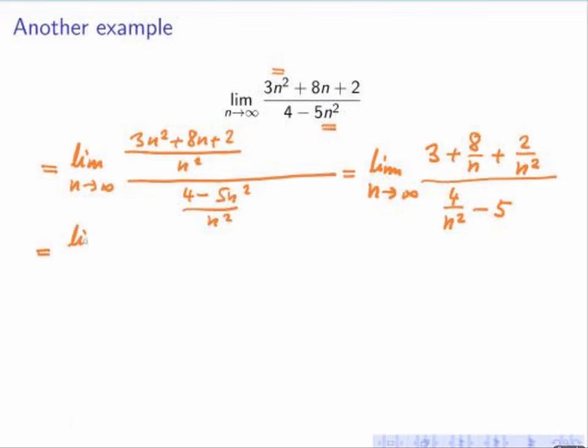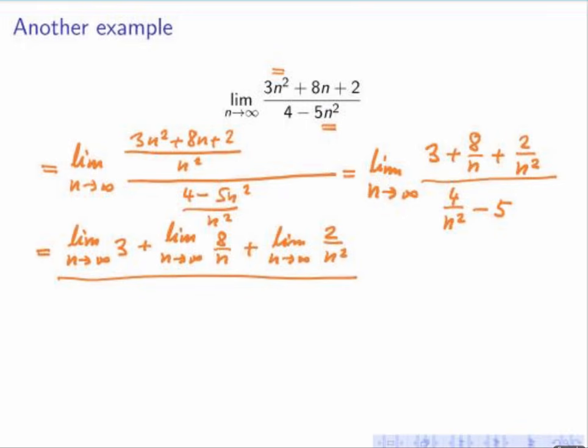So this is the limit as n goes to infinity of 3 plus the limit as n goes to infinity of 8 divided by n plus the limit as n goes to infinity of 2 divided by n squared. I know it gets a little bit boring, but we have to do it properly at least once in our life. So the limit as n goes to infinity of 4 divided by n squared plus the limit as n goes to infinity of 5. And here I made a mistake. This must actually be a minus.